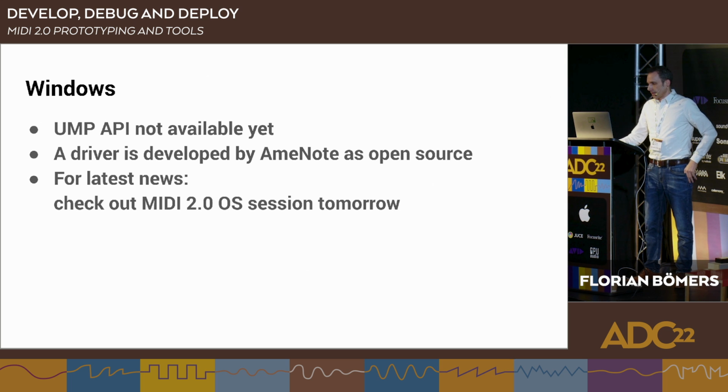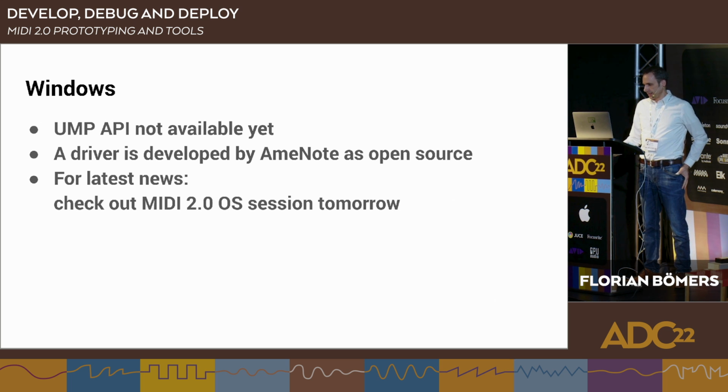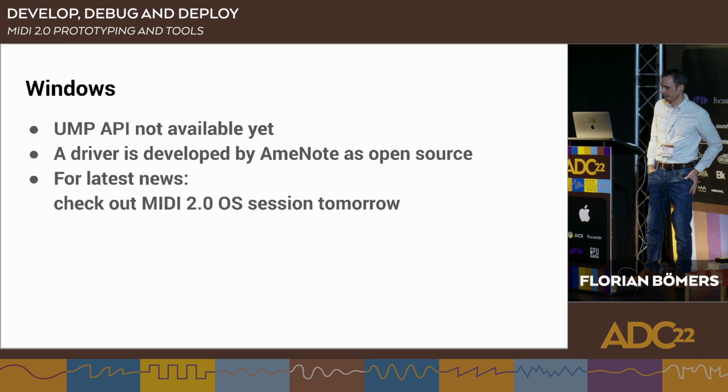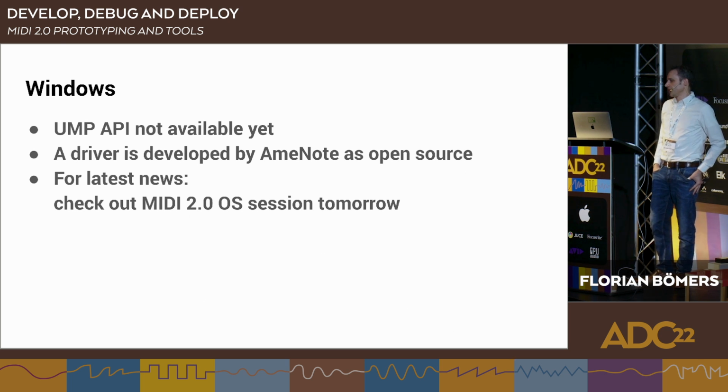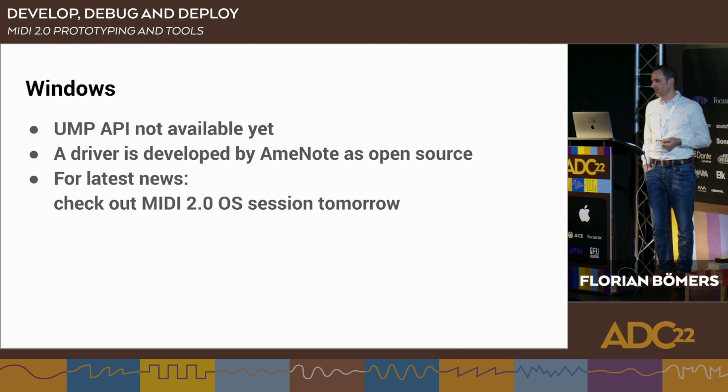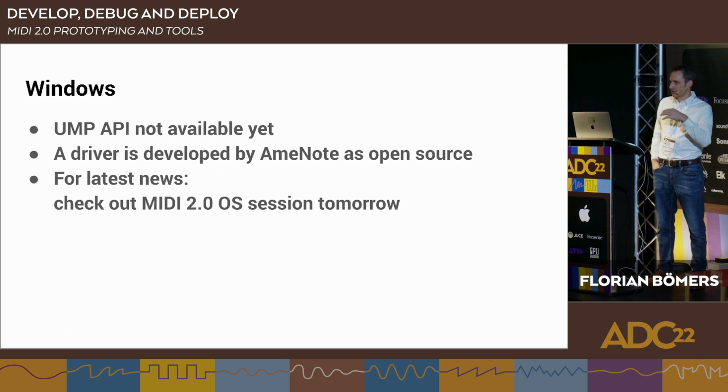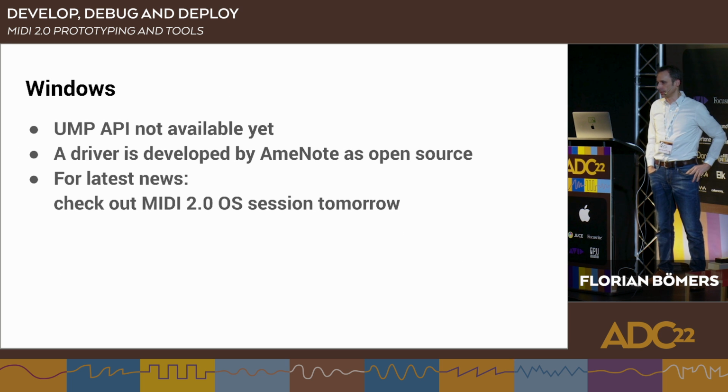On Windows, we don't have an API yet. And there was recently an announcement that Arminode, a company, is implementing an open source driver for Windows, with the hope or the plan that it is then integrated into Windows.